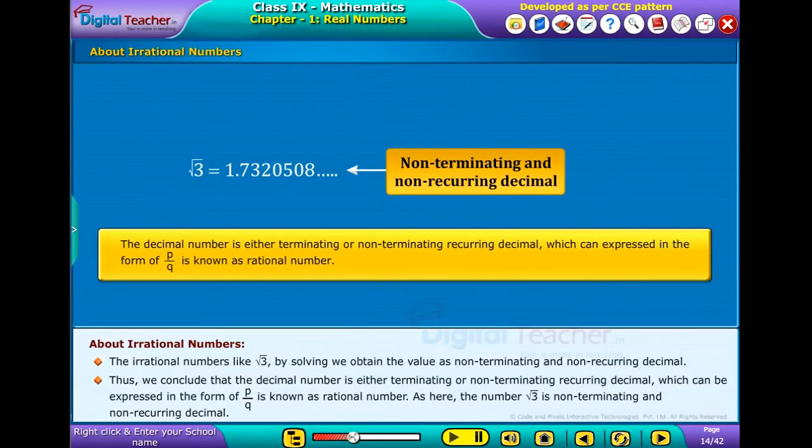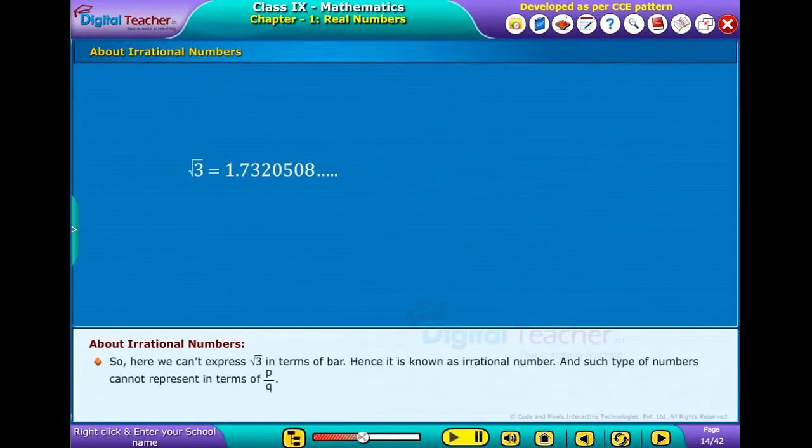Here, the number root 3 is a non-terminating and non-recurring decimal. So, we can't express root 3 in terms of a bar, hence it is known as an irrational number. Such numbers cannot be represented in terms of p by q.